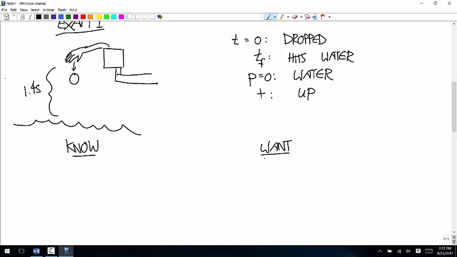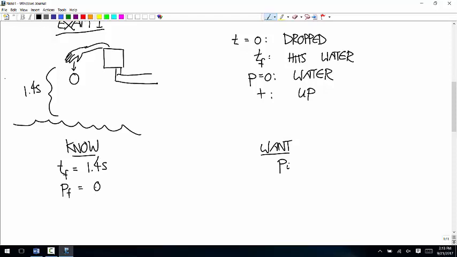Okay, do we know the amount of time it takes to hit the water? Do we know time final? Yeah, that's given. So time final is 1.4 seconds. Do we know the initial position? Do we want it? Yes, that's what we're asking for. Do we know the final position? Initial velocity?